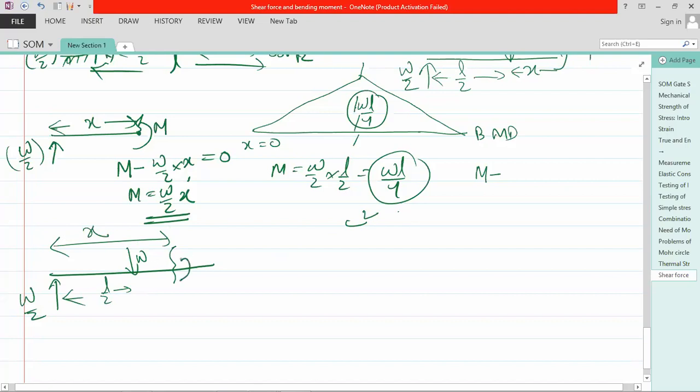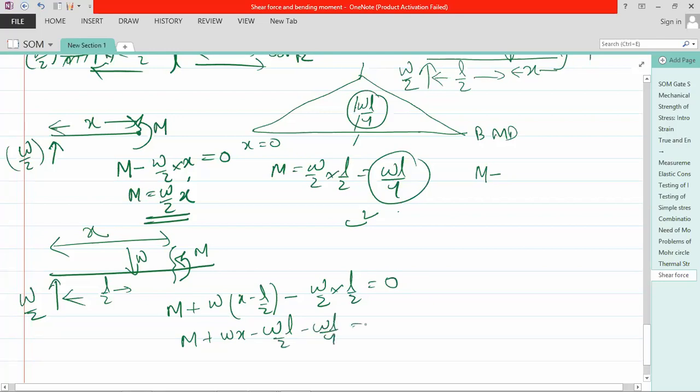Now this is a positive moment M. So M plus W into x minus L by 2 minus W by 2 into L by 2 is equal to 0. M plus Wx minus WL by 2 minus WL by 4, that is equal to 0. M is equal to WL by 4 minus Wx.